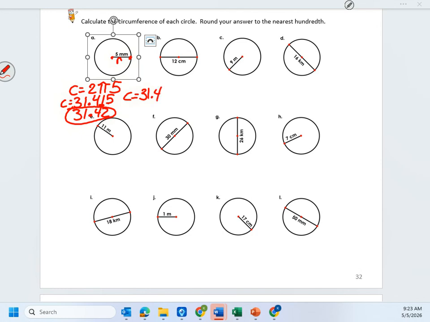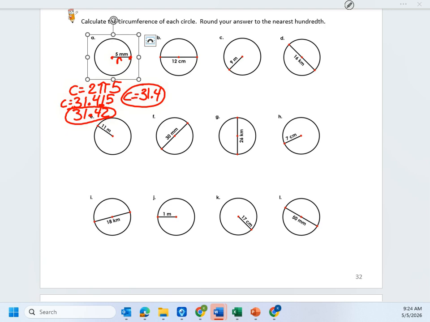Remember when I said they're going to be similar, they're going to be close, but they're not going to be exactly the same. I will accept it either way as long as you're rounding correctly. So if you use 3.14, you get 31.4. If you use the pi button, you get 31.42. Any questions on that?